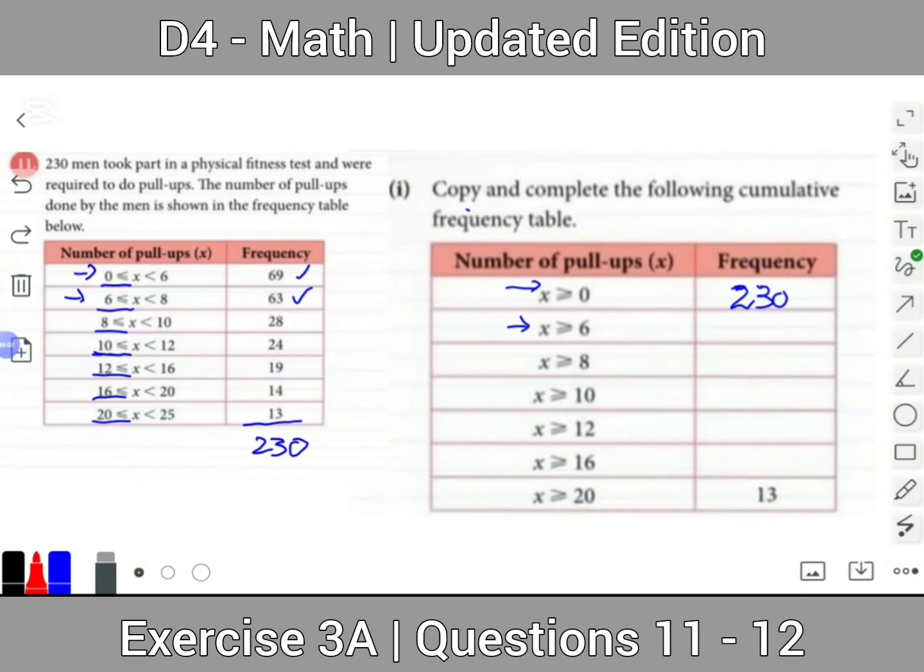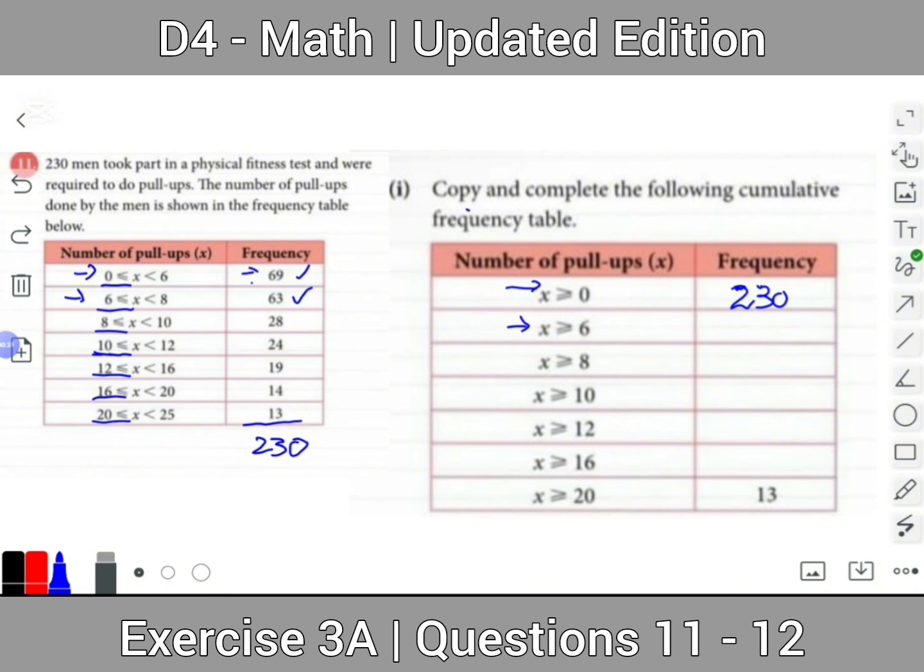Cumulative frequency of everything more than 6 will be 63 plus 28 plus 24 plus 19 plus 14 plus 13, because obviously these frequencies fall under the class interval more than 6, and we will exclude 69 because it is lesser than 6.